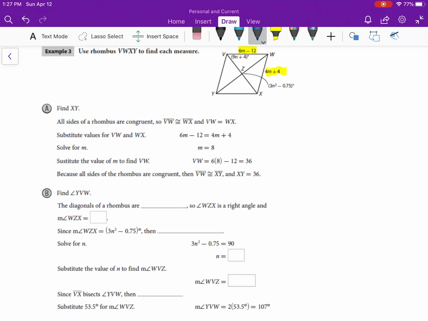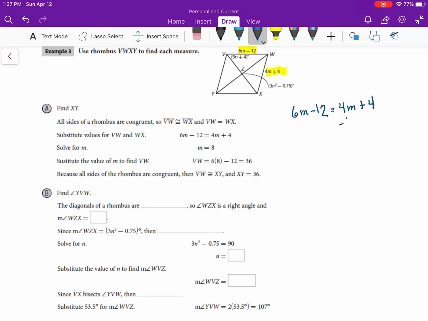So we can say they are equal by setting 6m minus 12 equal to 4m plus 4. I'll show you this math over here on the side. 6m minus 12 equals 4m plus 4.